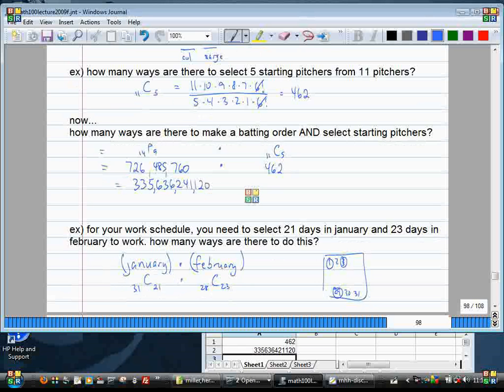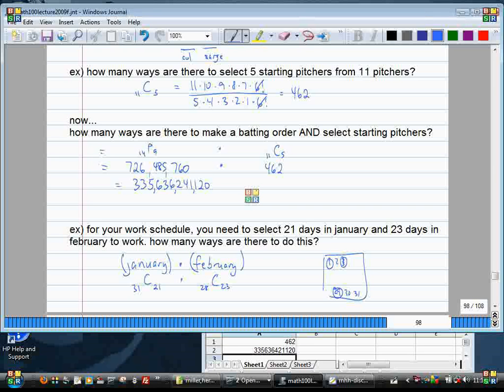Okay, so the last thing we looked at were these tricky, what I call compound events, where you need to individually figure out how many ways there are to do a couple different tasks, and then you multiply them together in your last step.